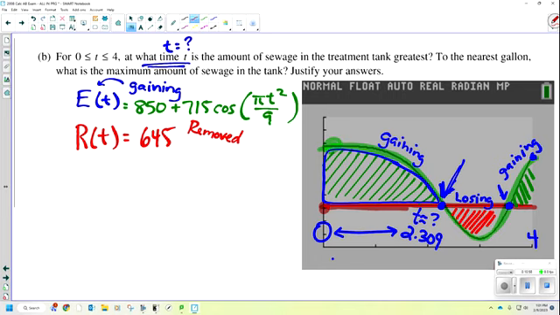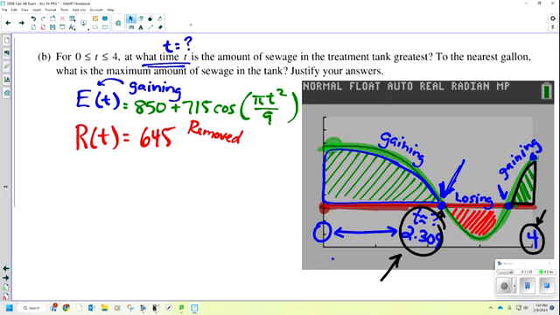I'm going to have less. But then I gain again. So what I should do is check the amount of sewage I have at this point because I was gaining more. But then I'm also going to check this end point because, look, I'm gaining more again. So I got to figure out the amounts at time 4 and the amounts at time 2.309 and see which one is bigger.